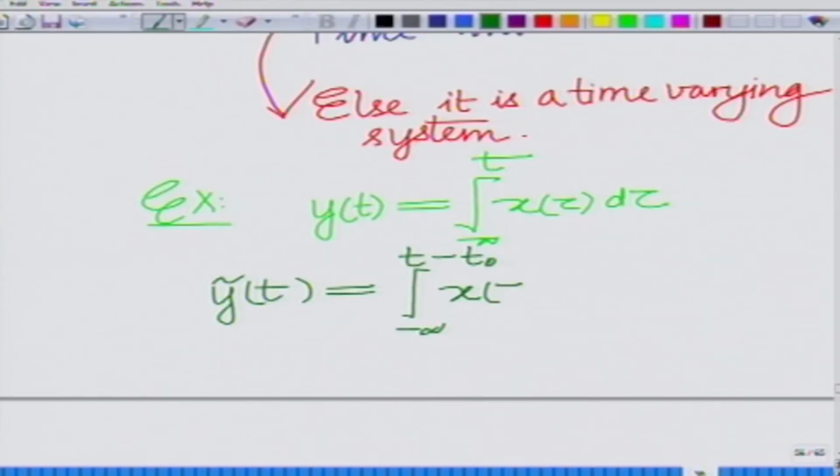This is going to be x of tau d tau, or basically I am just delaying x(tau) by t0, x(tau minus t0).